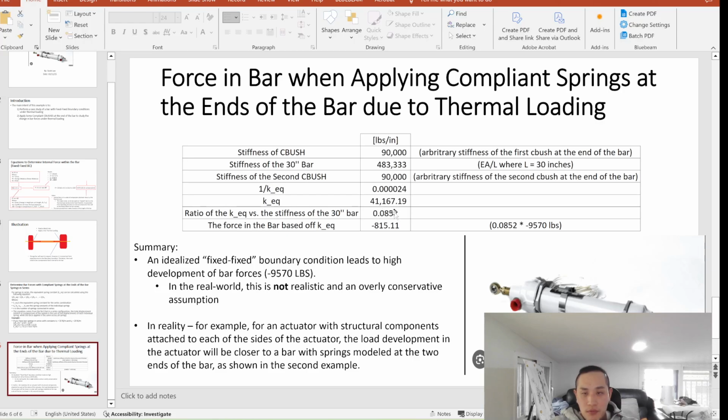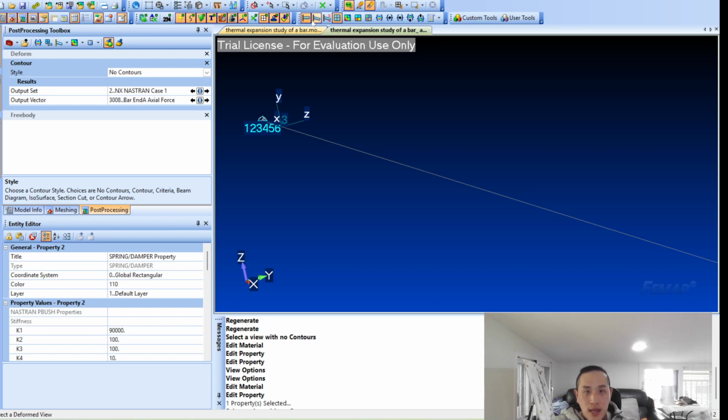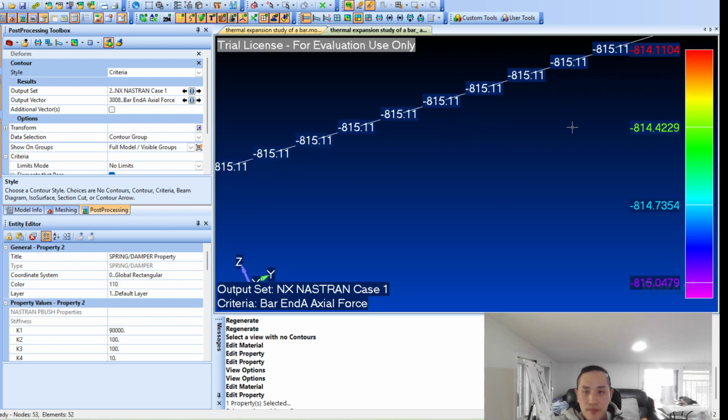Then when we multiply that by the fixed bar forces that we calculated in the first example, 9,570 pounds, we get around 815 pounds, which matches perfectly with what we see in the FEM. So what the FEM is showing us and our calculations are matching perfectly. Here it is again, 815 pounds throughout the entire bar.